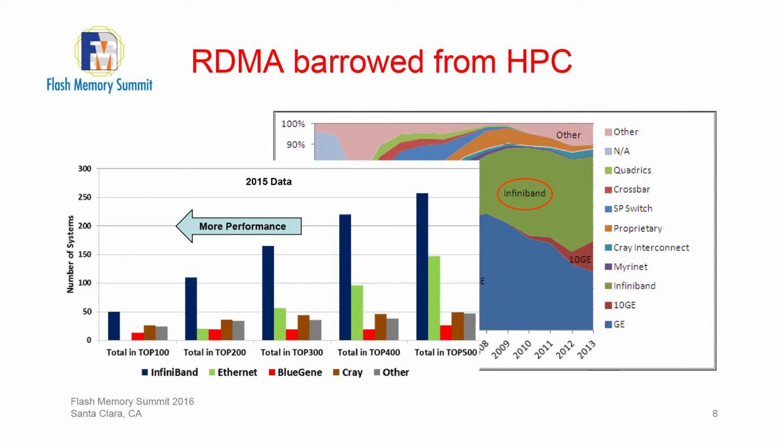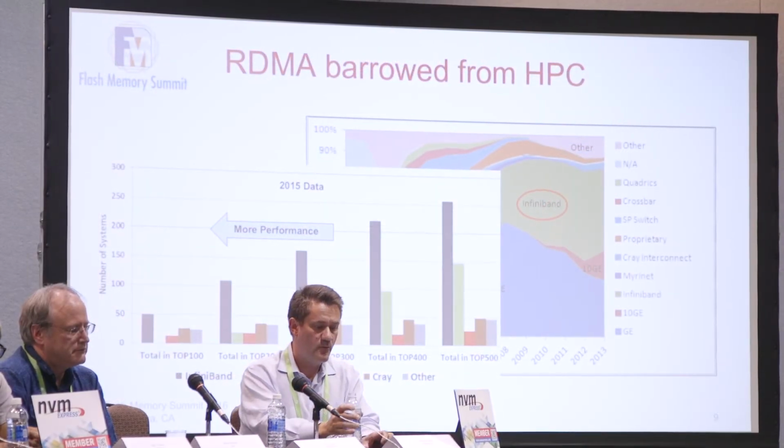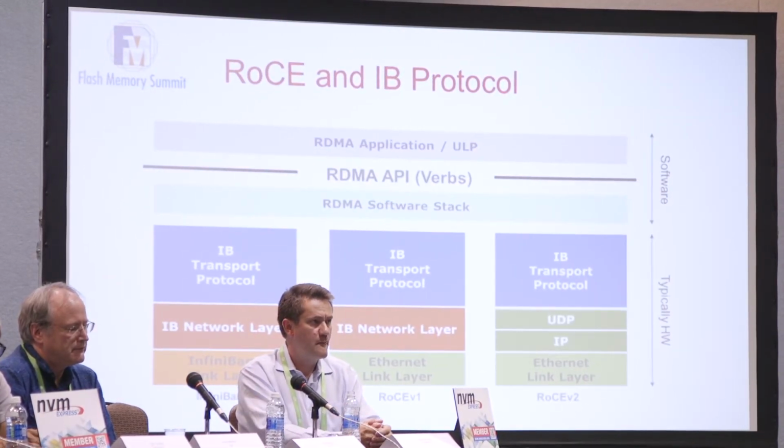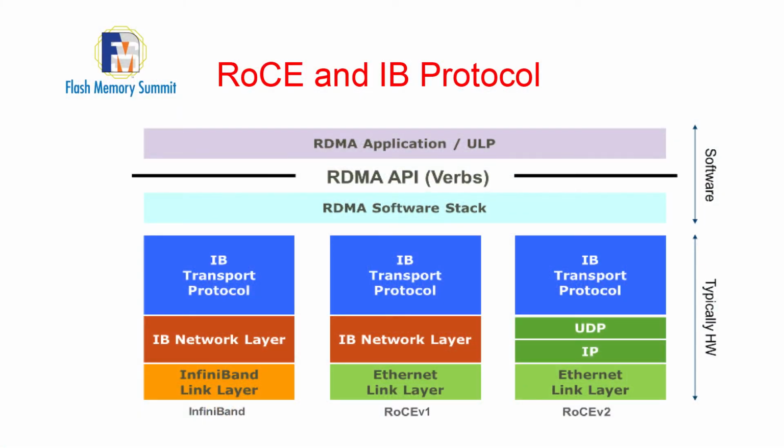In fact, this is some newer data showing the top 500 computers in the world. These are all supercomputers, and you can see that InfiniBand dominates that space. So it's not just something new that we threw together with NVMe over Fabrics last year when the standard came out.